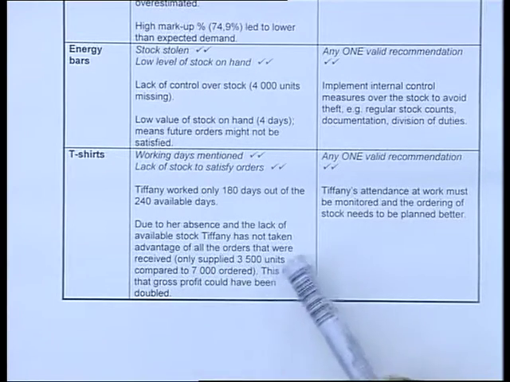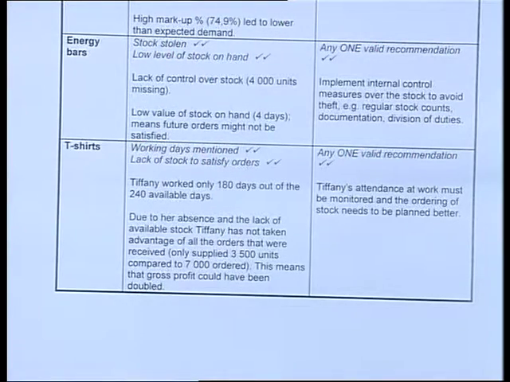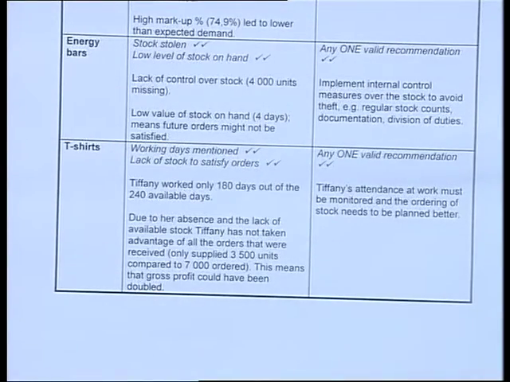Due to her absence and the lack of available stock, Tiffany has not taken advantage of all the orders that were received. And how can she improve that? Tiffany's attendance at work must be monitored, and the ordering of the stock needs to be planned better. Okay, so when you go home now, go through this again, but I've just given you some indications. Okay, I hope we've got time for some questions.